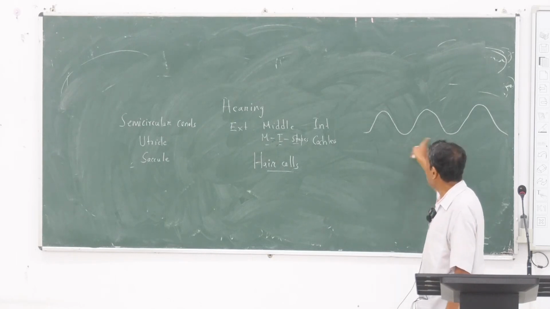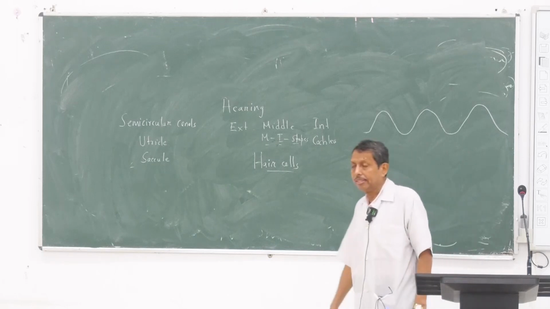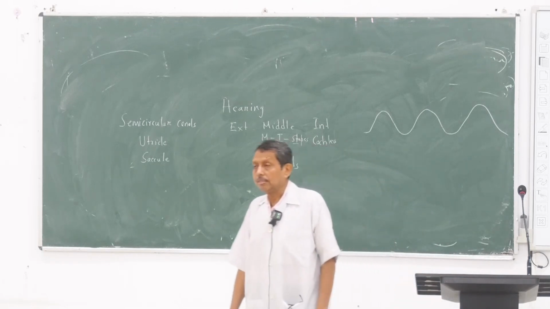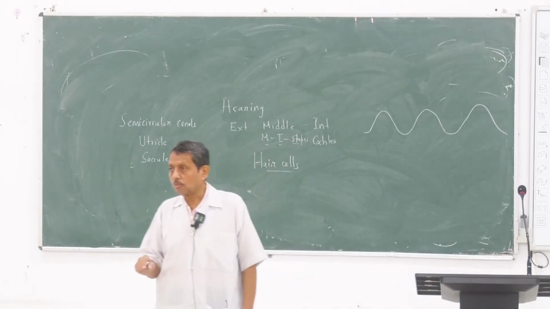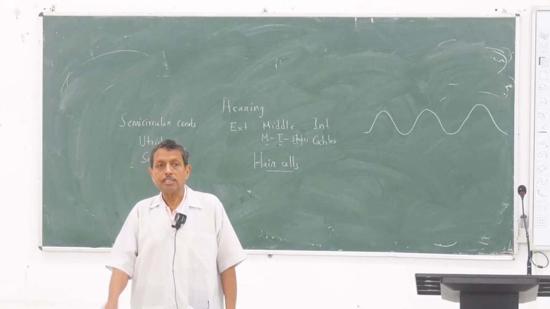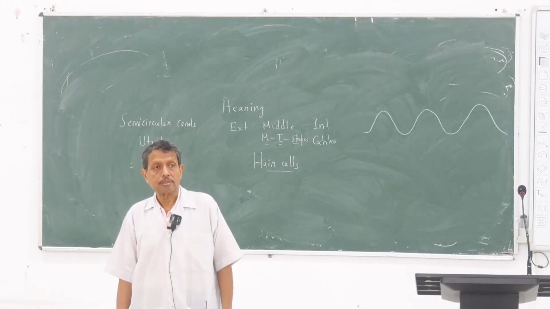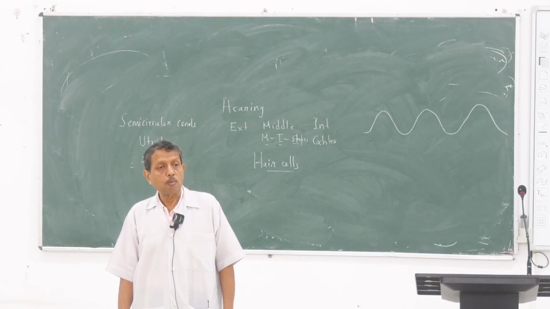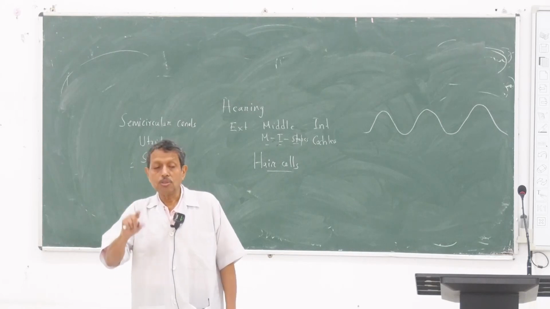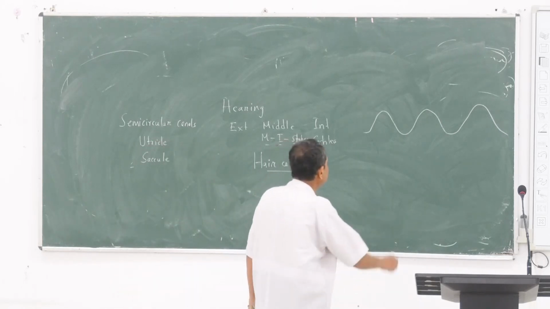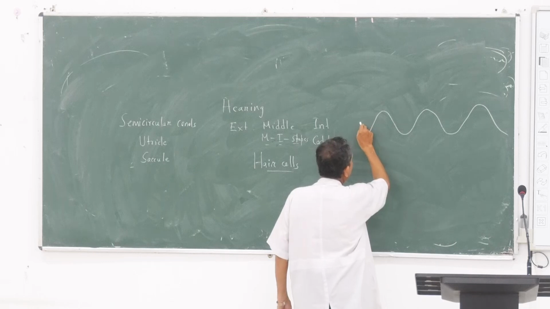And whenever this type of traveling wave is there, then there is the question of amplitude and frequency. Number of waves produced per unit time is the frequency, and the amplitude is the difference in the pressure wave.